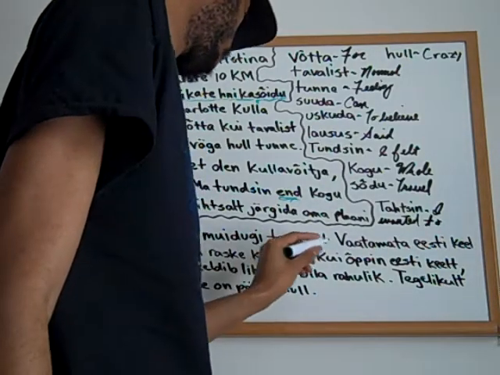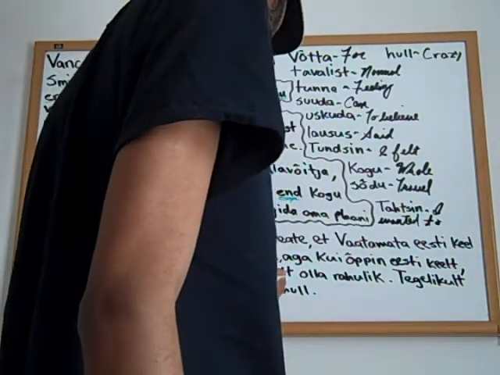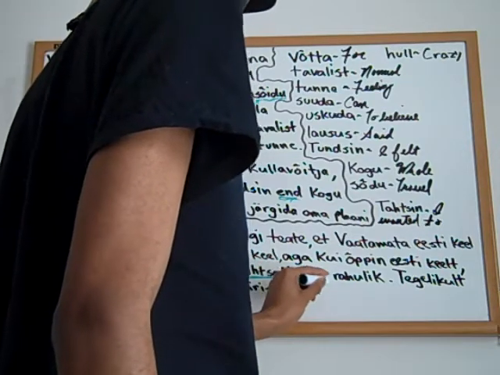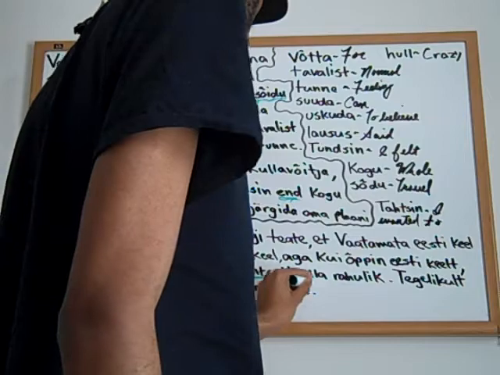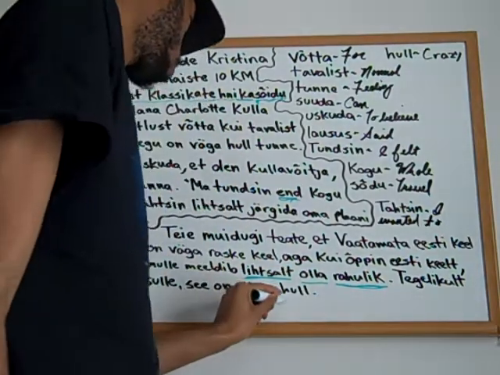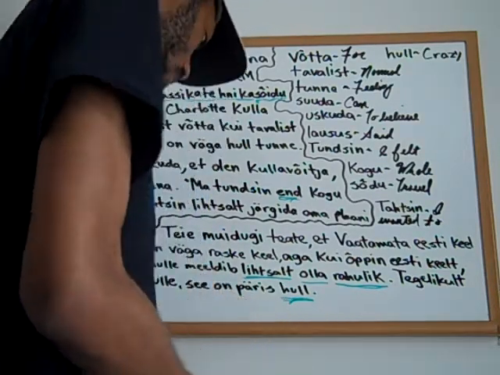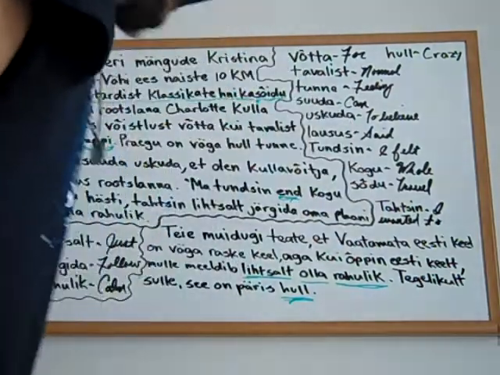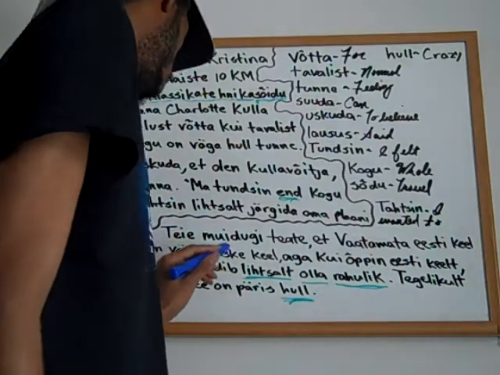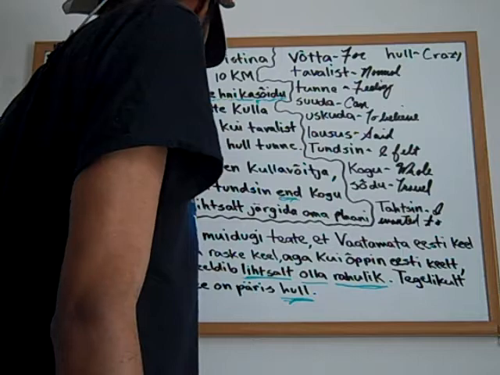Okay, I have elite salt here, and I have Ola Rahulik, and I have Hul here. So I use my green marker to underline the words I got from the text. Now my keywords, the keywords I use, and key phrases.